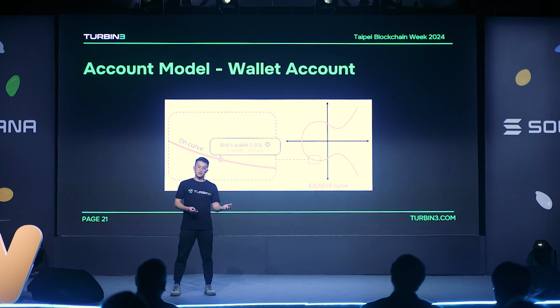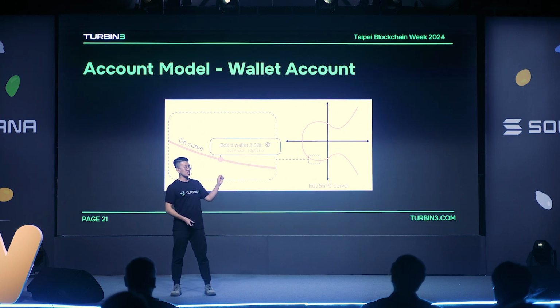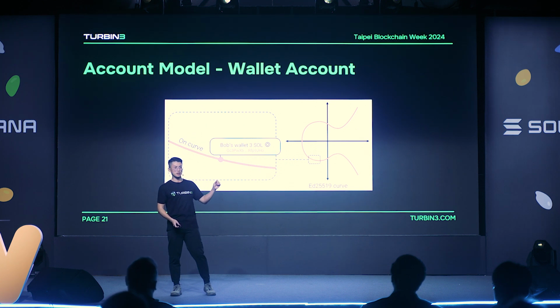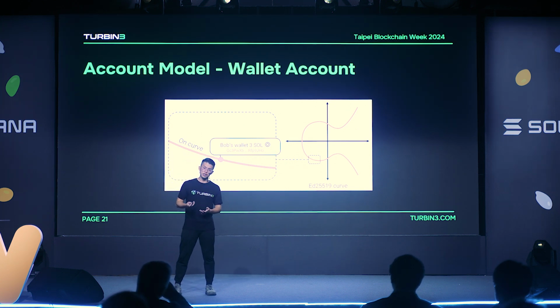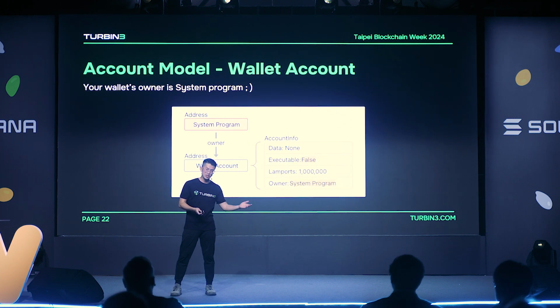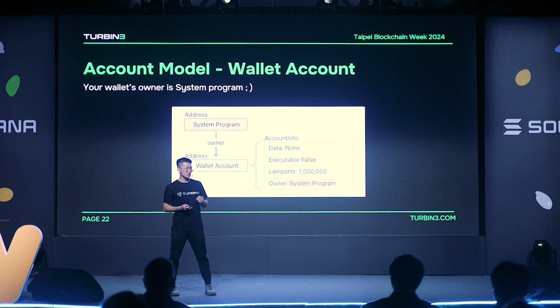So everyone has your own wallet, and your wallet is actually a point on the elliptic curve, and it's an account. So who's the owner of your wallet? It's the system program. Okay, so the owner of your account is the system program.